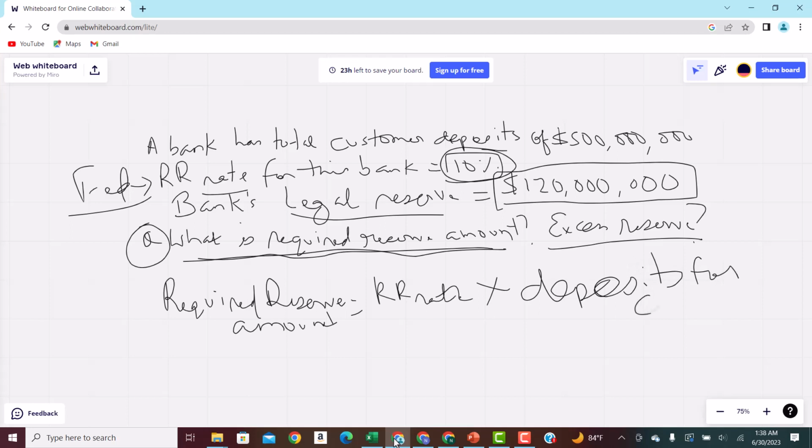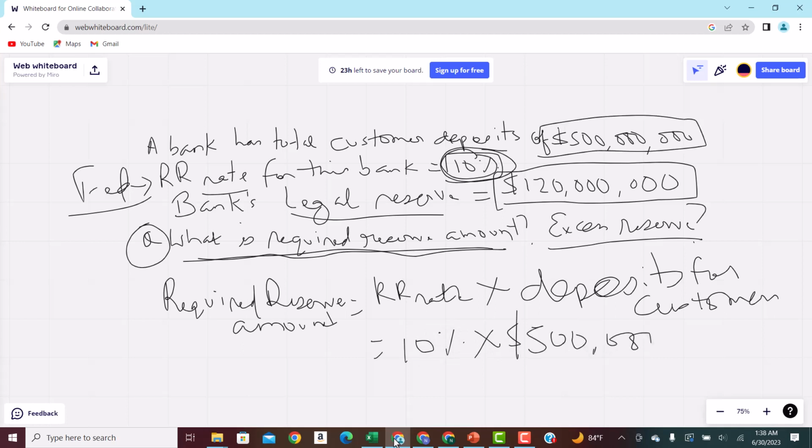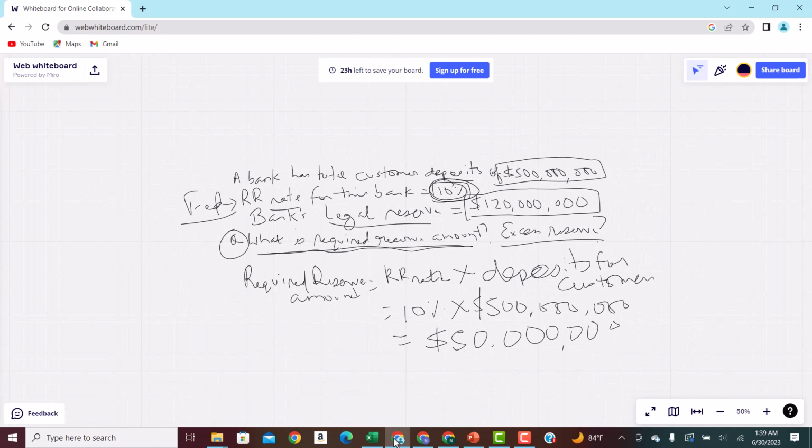In this case, the required reserve rate is 10%, so we multiply 10% by the customer deposits of 500 million, and we get an answer of $50 million. This is the amount of money that the bank has to set aside, and they cannot loan out these funds.